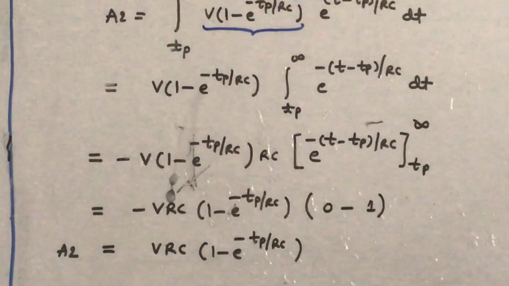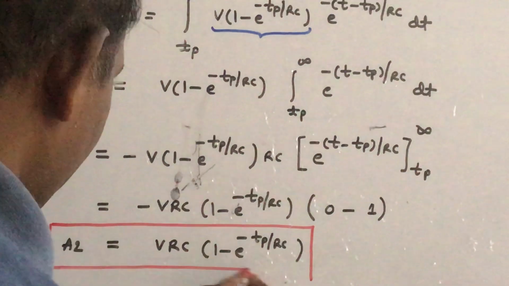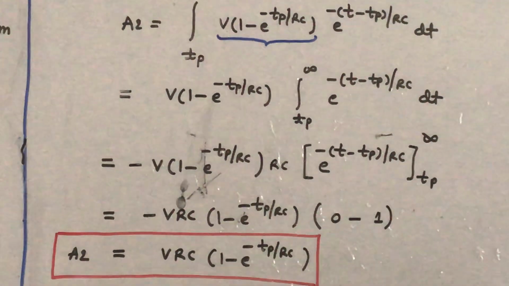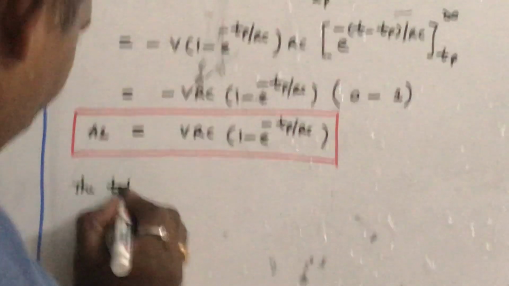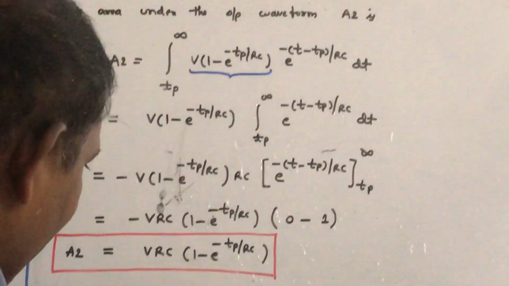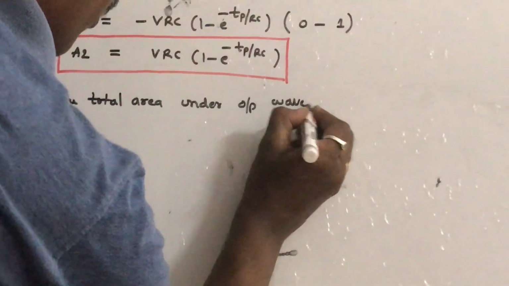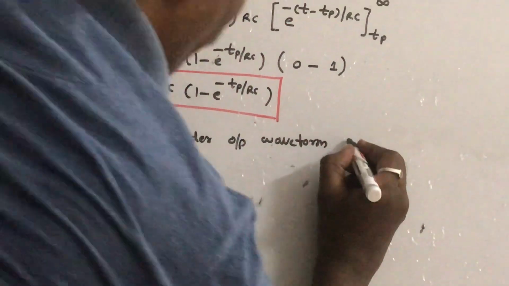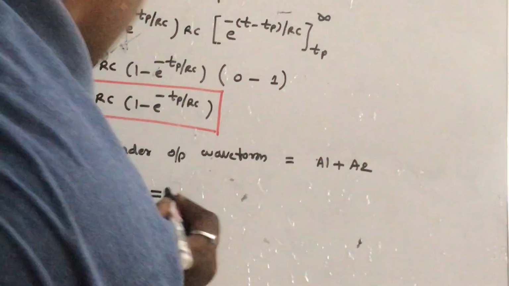So now we add the two areas A1 plus A2. Therefore the total area under the output waveform is simply A1 plus A2. Substitute A1 and A2. What is A1 we got?